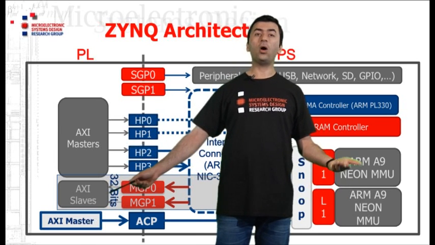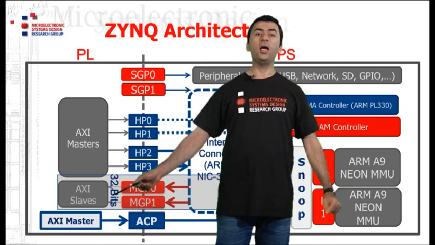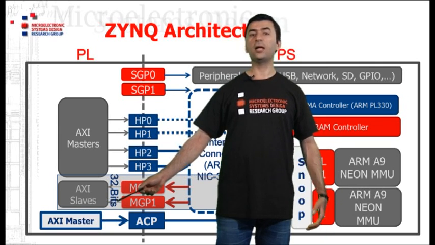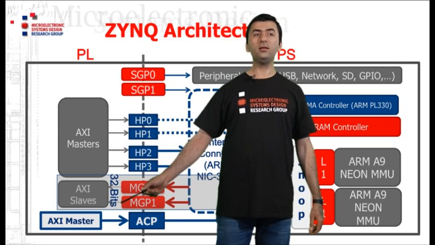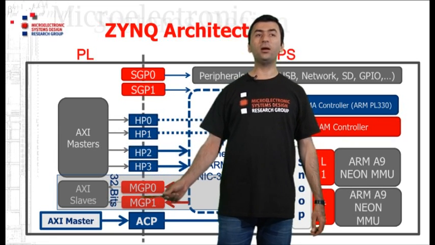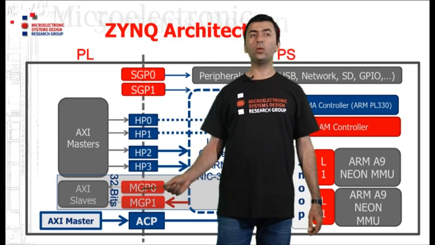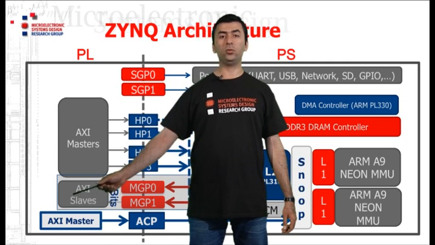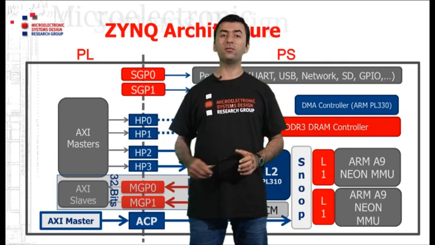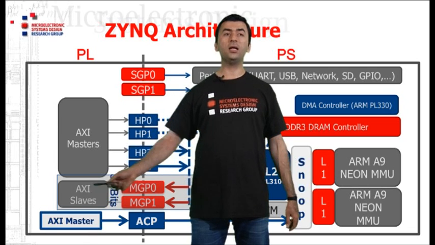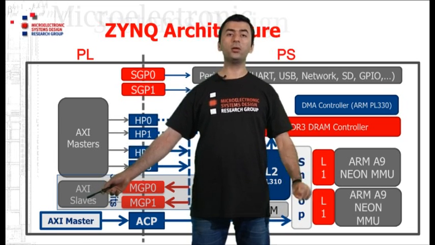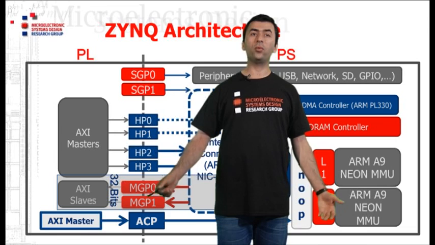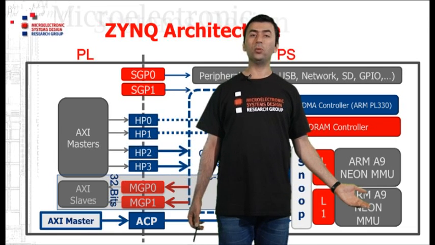So whenever the ARM CPU core initiates a read or write transaction to a specific address range that I will show you later, then the transaction will appear on these two AXI master ports, and then it will be transferred to the AXI slave plugs that you have developed on the PL, and then your logic on the PL should provide the suitable response, and the data through these AXI master ports will then be transferred to your CPU cores.